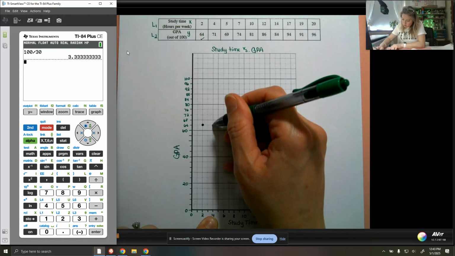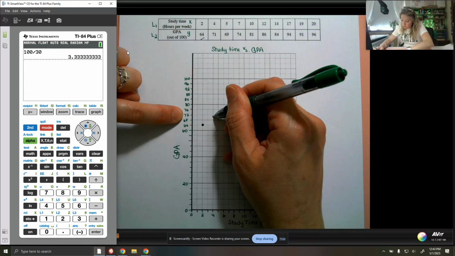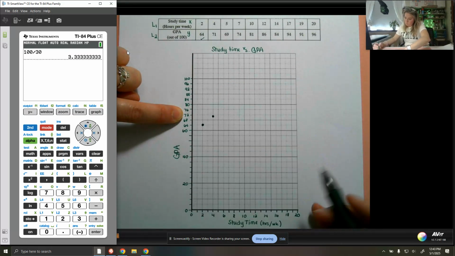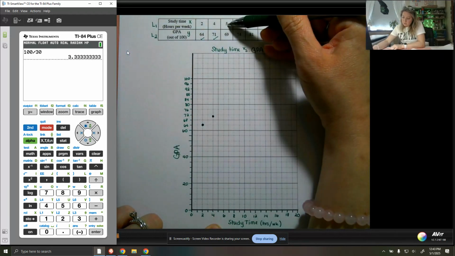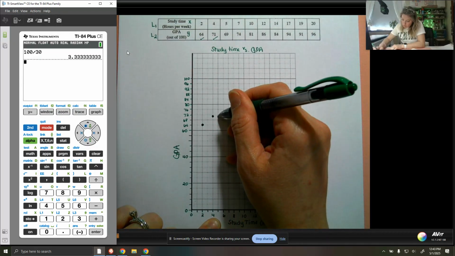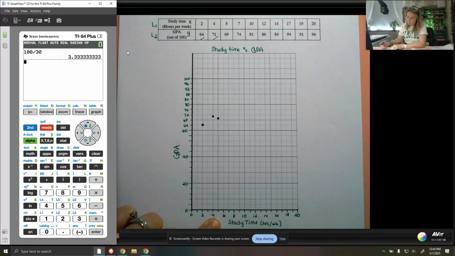So 4, we know 72 is here, so we're a little closer to 72 than we are to 68. 5, 69. And we got 68 right here, so just above it. Closer to 68 than 72.